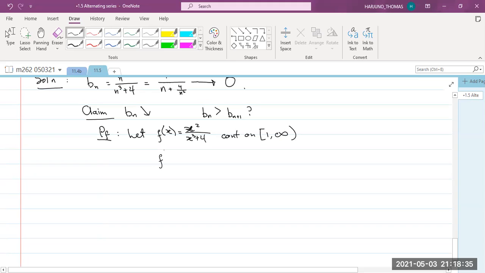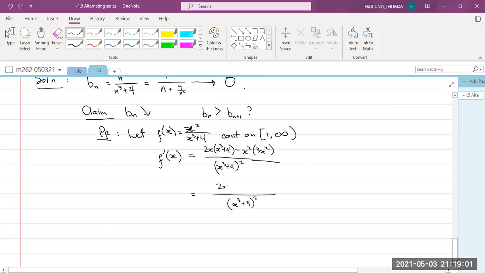Now the first derivative is 2x times x cubed plus 4 minus x squared times 3x squared, over x cubed plus 4 squared.